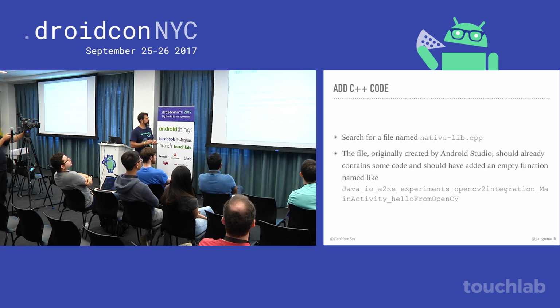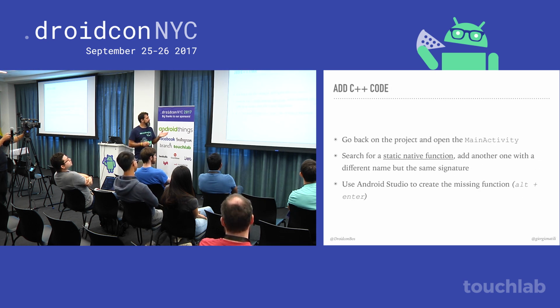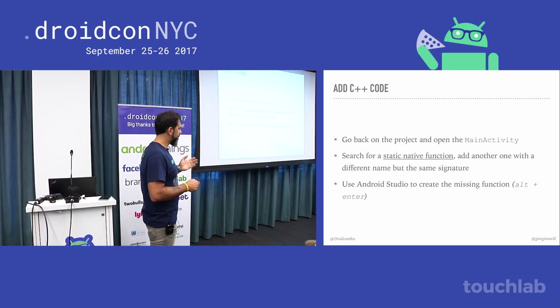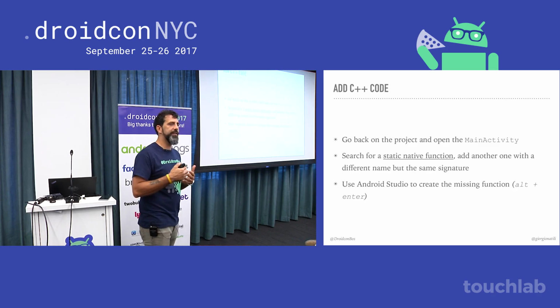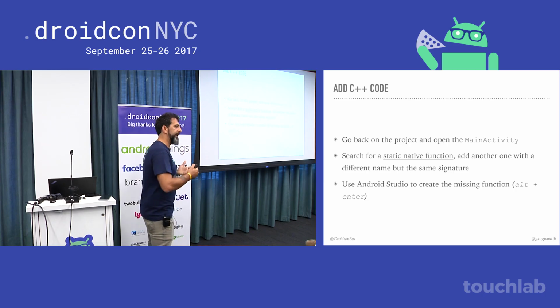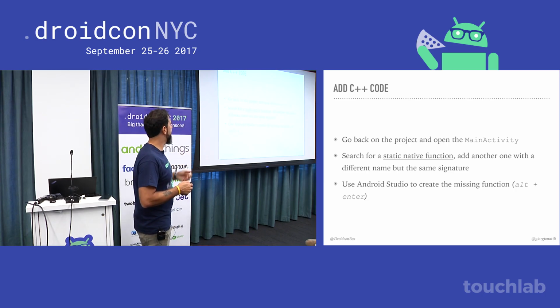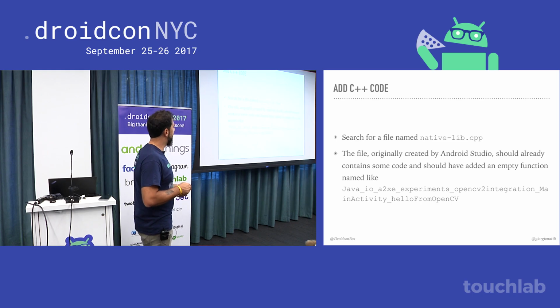Android SDK for this. So what you really do to add whatever C++ code you want, once you created the scaffolding project that we discussed before, you search for a static native function that you will find in your code, and you add whatever you want from there. This is the super friendly syntax that you get from Android Studio.